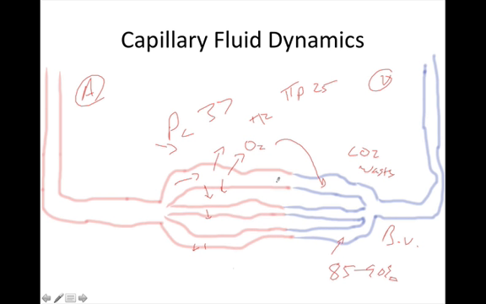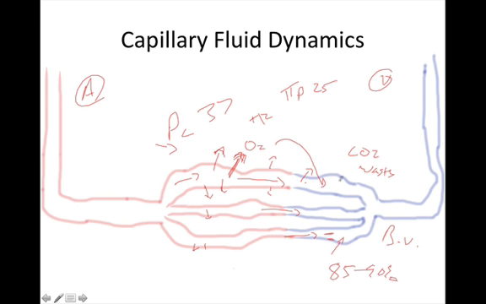But again, you get the point here. We have filtration on the arterial ends of capillary beds. Then as blood flows through the length of the capillaries, it's going to lose its steam because of friction rubbing up against the walls. The blood volume is going to decrease due to the fluids just filtered out in the first place, and that's going to cause a decrease in pressure as well.